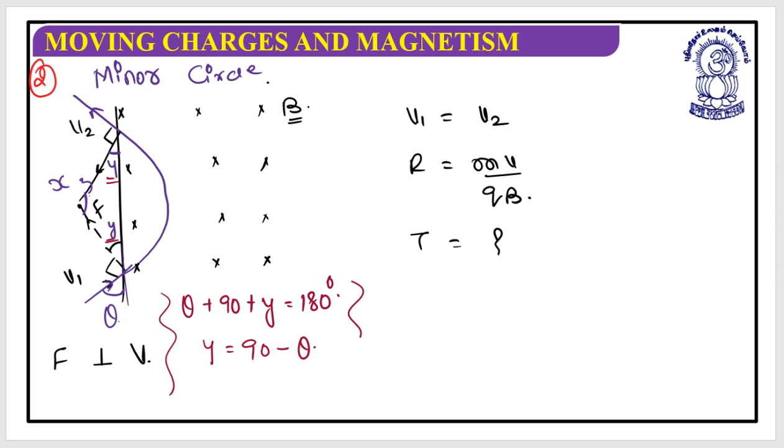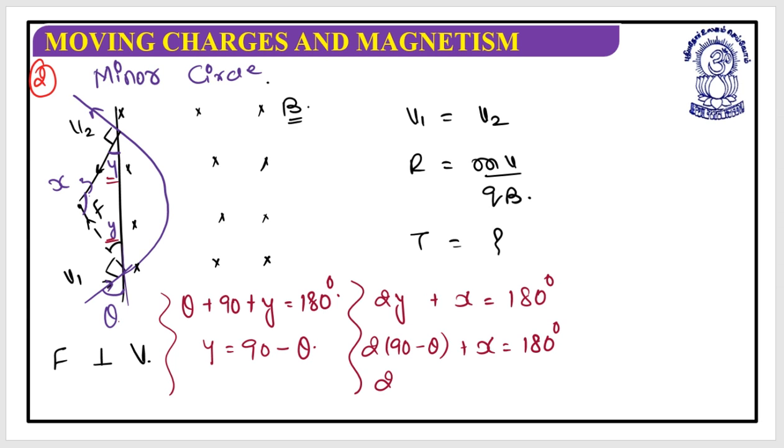Now for this triangle, 2y plus x should be equal to 180 degrees, because the addition of all the angles of the triangle is 180. It's 2 multiplied by 90 minus theta, plus x, equal to 180 degrees.